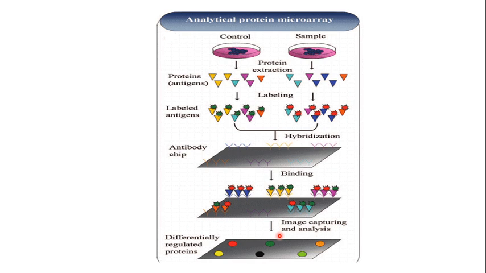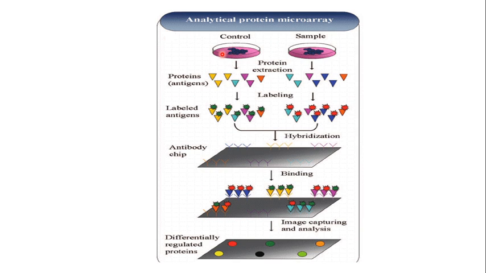Now if you analyze this chip based on the fluorescence, you can see that on antibody number 1, or position number 1, you are only getting the red fluorescence. What this means is that these proteins are only expressed in the sample condition. They are not expressed in the control condition.